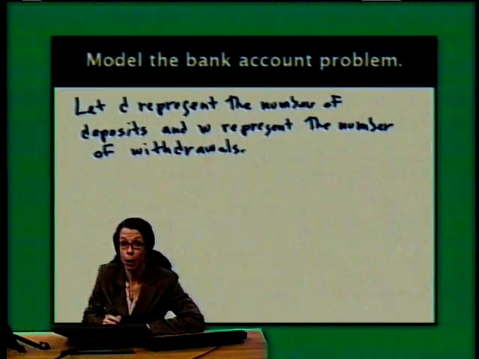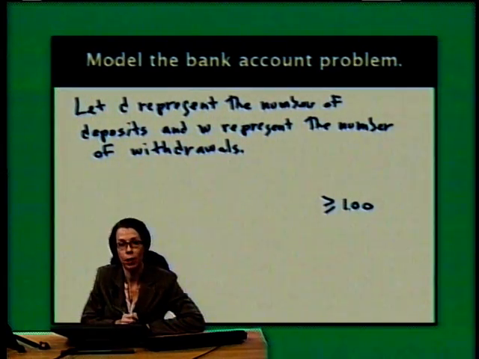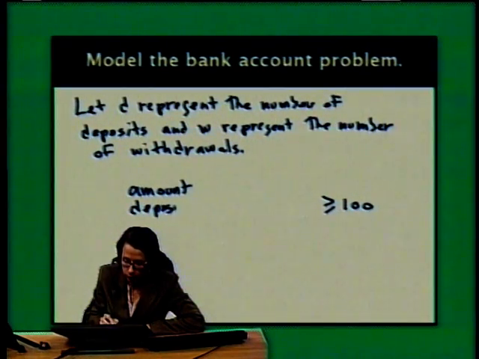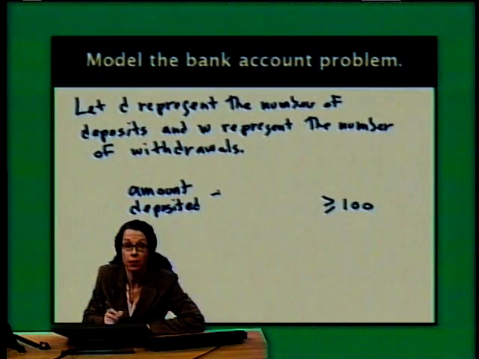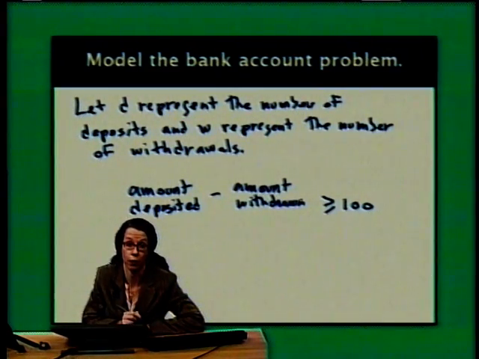I know that I want the money in the account to be greater than or equal to $100. But let's think about what that should be. We want the amount deposited minus the amount withdrawn to be greater than or equal to $100. More money's got to go into the account than's coming out to maintain a positive balance.